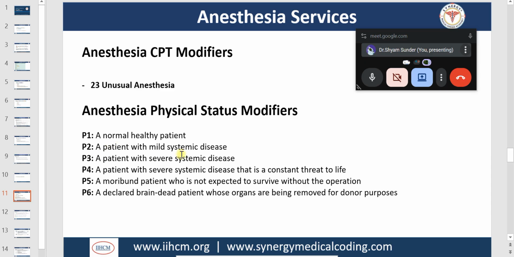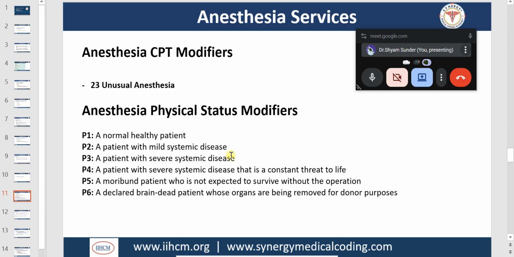If the patient has mild systemic disease, what is mild systemic disease? Like hypertension, diabetes, asthma. Those are all systemic diseases. Mild means the patient is able to manage. Whereas P3 is severe systemic disease, not under control.